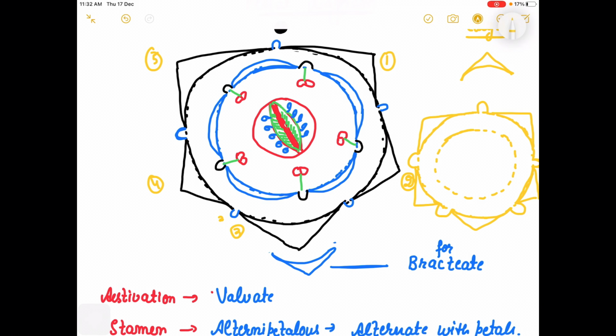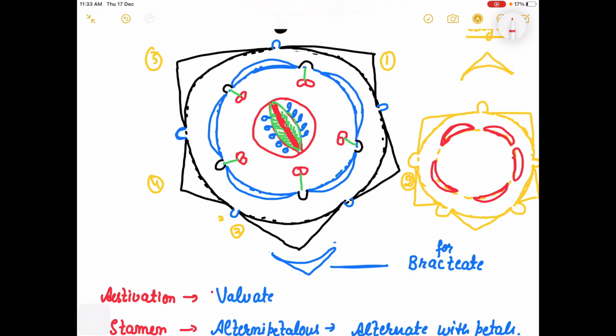So here let's make it with another color. 1, then 2, then here 3, right? Then here 4 and 5. These are our 5 petals, and you can make it a little, I'm making it in a very fast way, so you can make it clear cut, semicircular form.